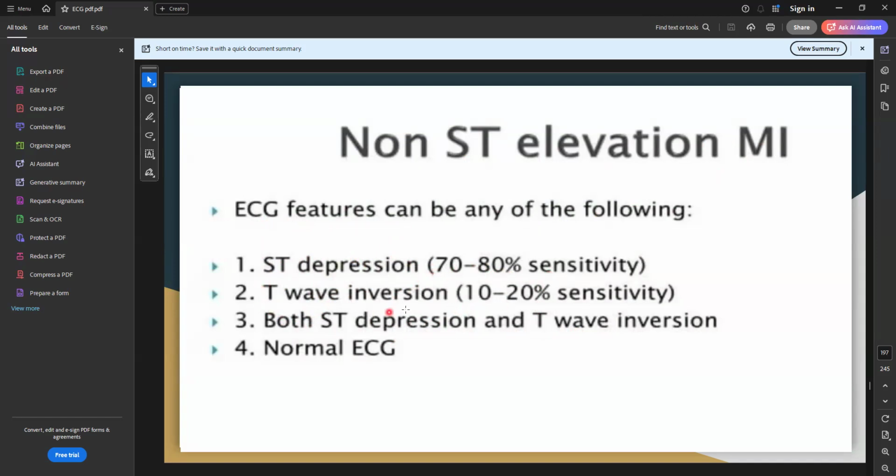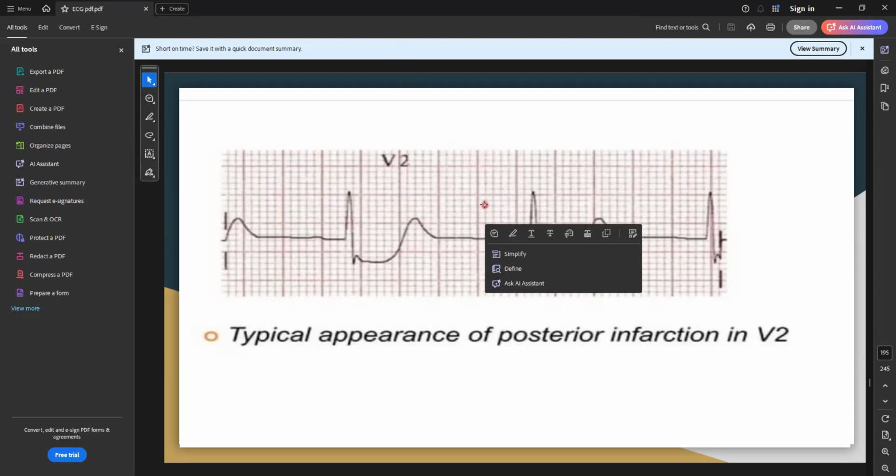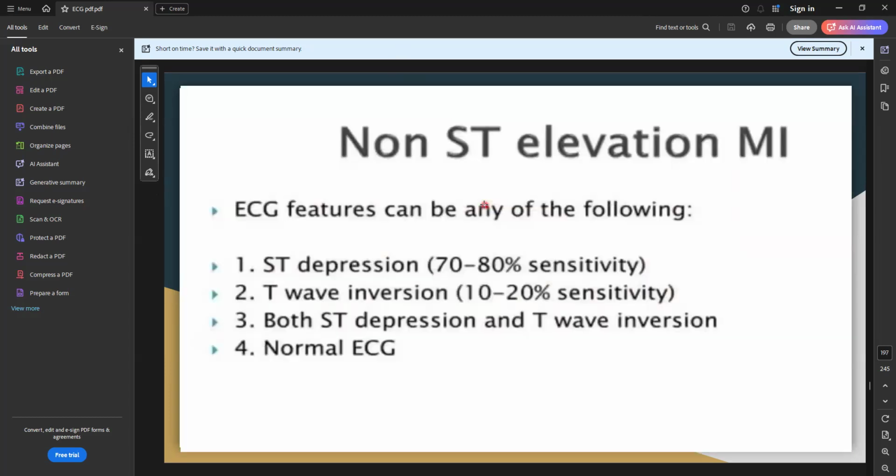If there is only T wave inversion, it is only 10 to 20%. When it is both ST depression and the T wave inversion, the sensitivity will be 100%.